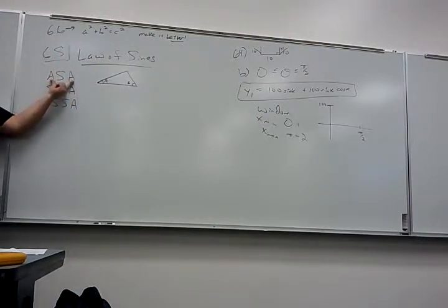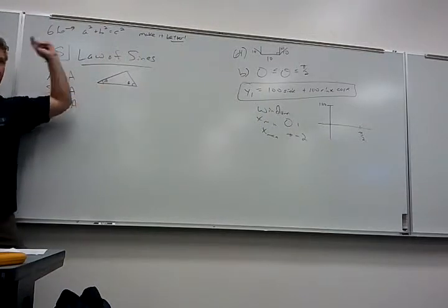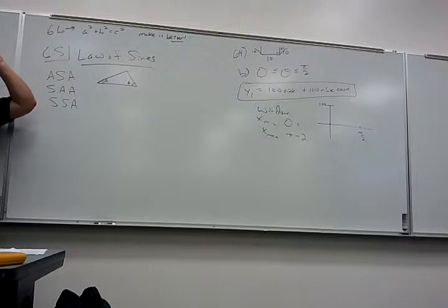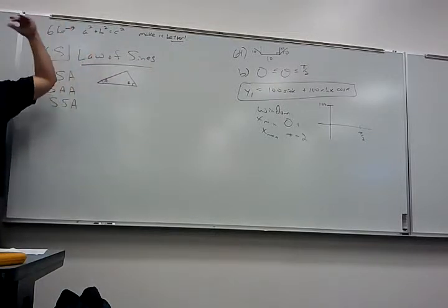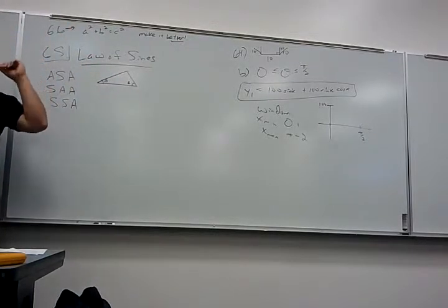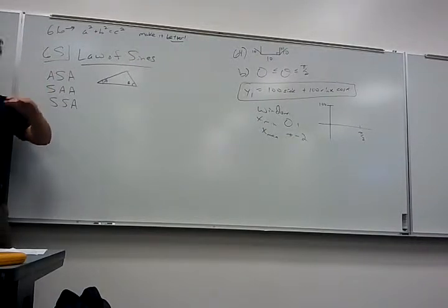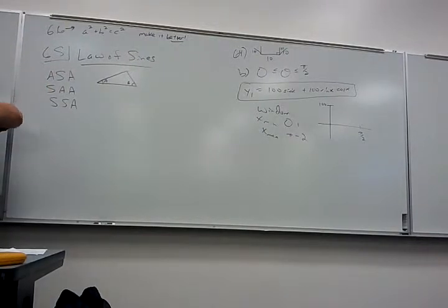And the side has to be in the middle of the two angles, like that. How are we doing so far? Now the funny thing is, do I only know two angles in there? No. I know all three now because they have to add up to 180, so I really know the third one too. Okay, how are we doing so far? So they give me a side and then two angles that my other sides have to be at. That defines a triangle. There's only one triangle that could do that.